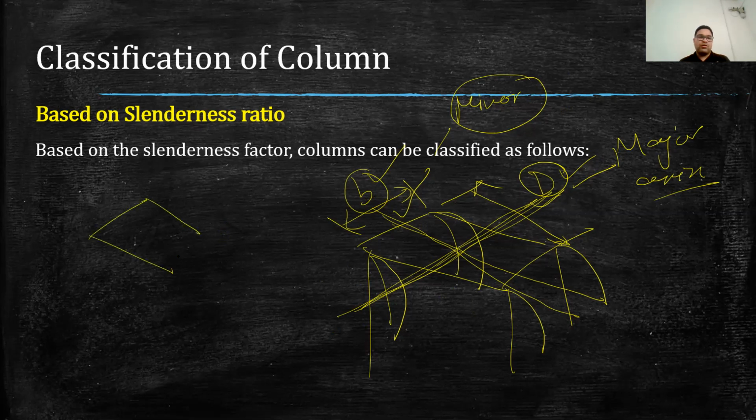So if a column is rectangular and has a smaller dimension in one axis and a larger dimension in the other, it will fail along the axis parallel to the lesser dimension, whether it is the x-axis or the y-axis. This is how we classify whether a column has a minor axis or major axis and how it will fail.